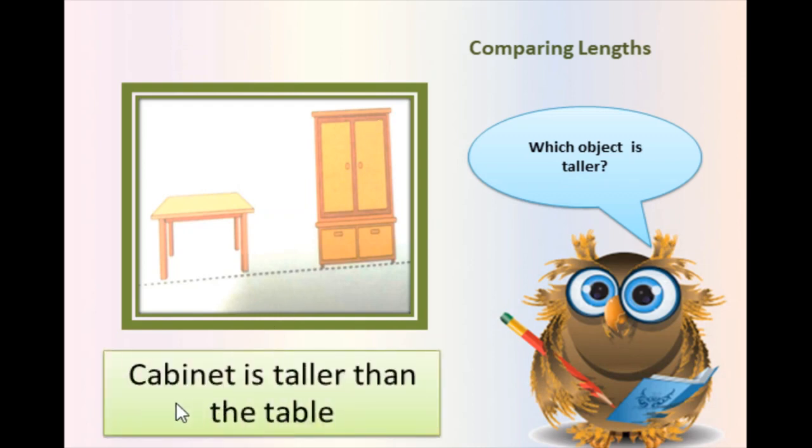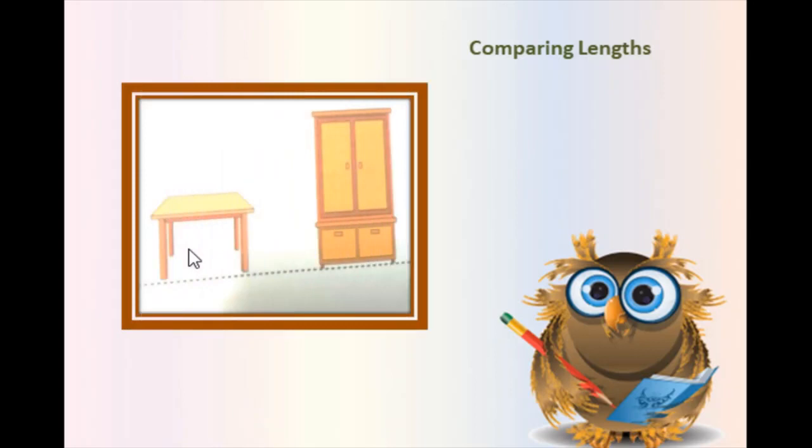Okay, the cabinet is taller than the table. The cabinet is big. The table is small. So therefore, which object is shorter?